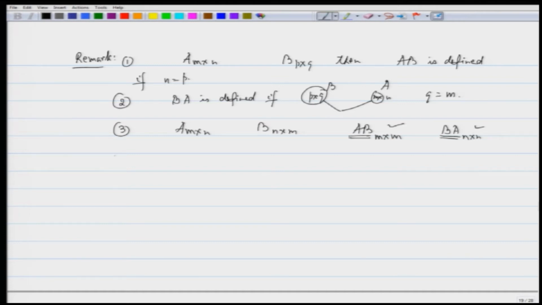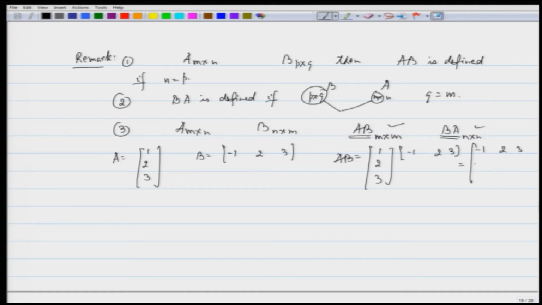So, let us take an example. I define A as 1, 2, 3 and B as minus 1, 2, 3. Then if I look at AB, it is 1, 2, 3 times minus 1, 2, 3, which is nothing but minus 1, 2, 3, minus 2, 4, 6, minus 3, 6, 9.